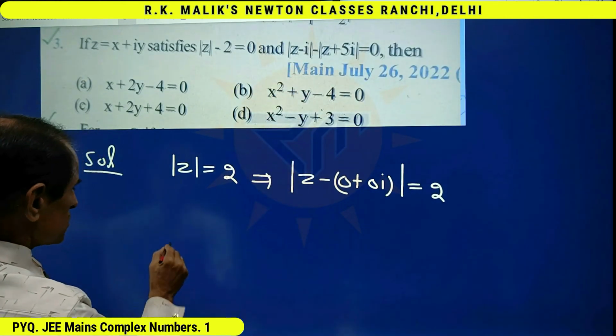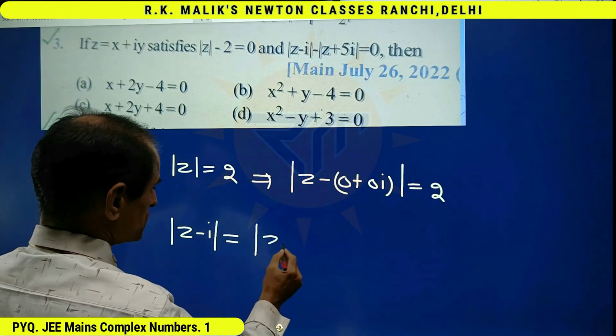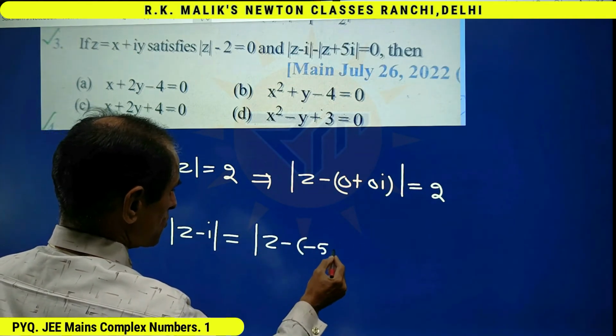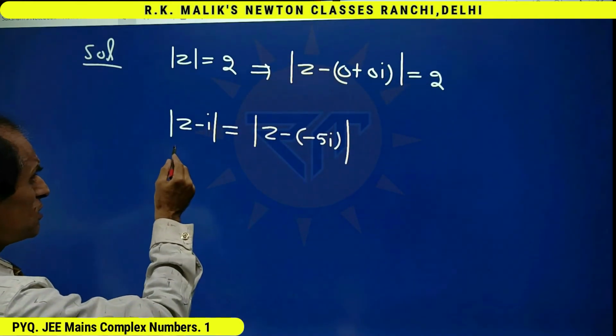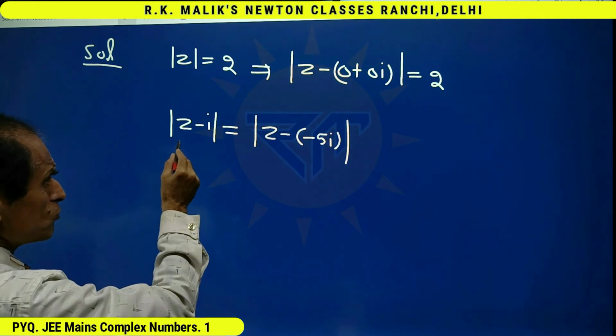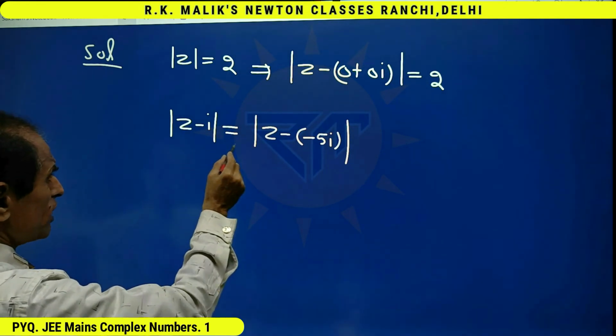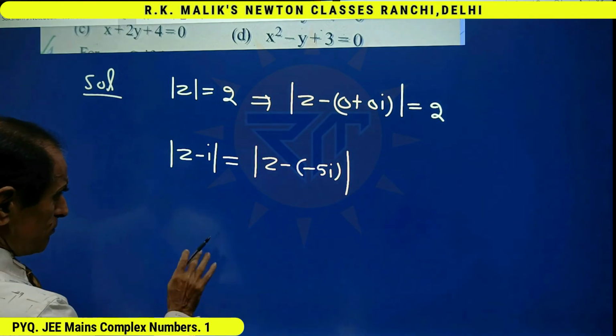And this information means mod of z minus i is equal to mod of z minus 5i. That is, I can say z is a complex number whose distance from iota and minus 5 iota are equal.